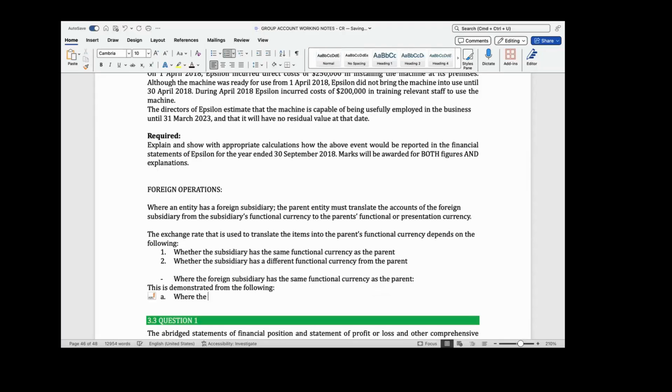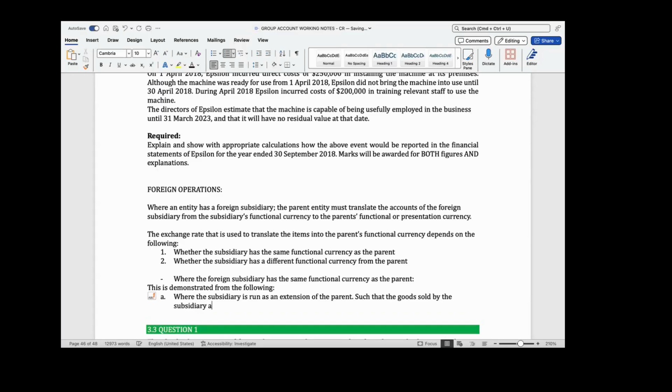Number one is where the subsidiary is run as an extension of the parent, such that the goods sold by the subsidiary are imported from the parent, and it directly remits the proceeds from the sales back to the parent.